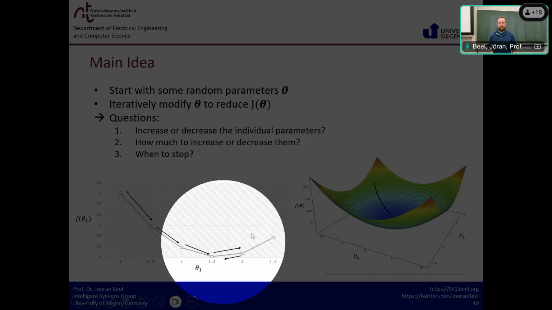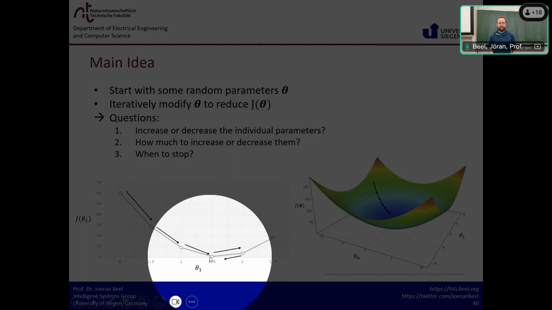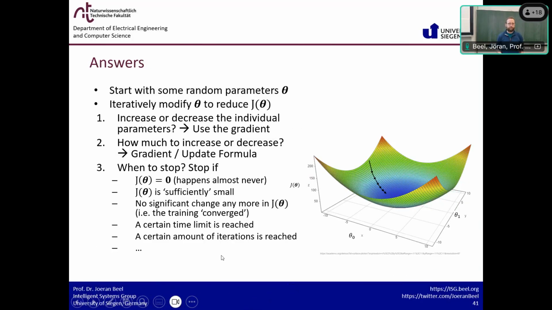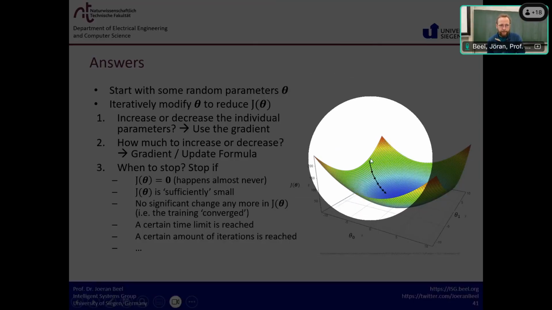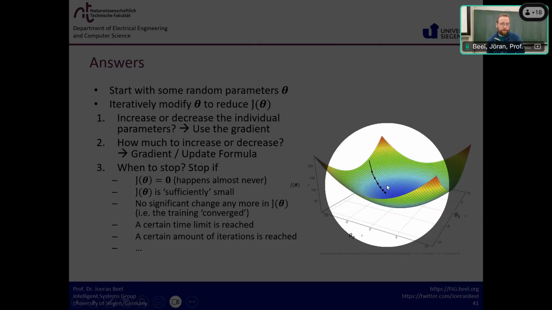If we are here, let's try as the next value maybe here. That's also implied here. The first step has a large gradient, so you do a big update, and then the steps become smaller and smaller.